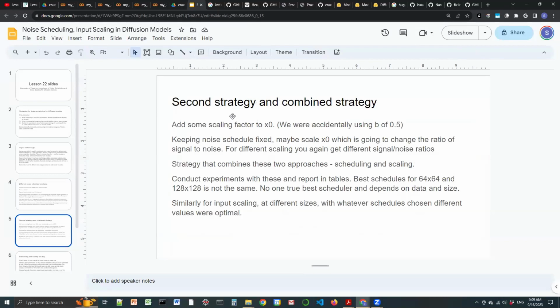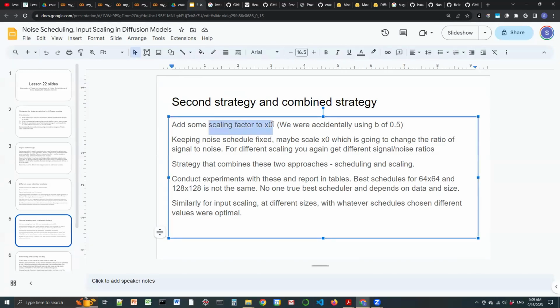And again, I'll show the pictures from the PDF that refer to this particular slide. The second strategy by which we can improve the learning of the diffusion model is by the scale. This is the important thing we stumbled on, or Jeremy stumbled on in his lectures, but they have identified it through rigorous experimentation. And that is adding some scaling factor to the clean image.